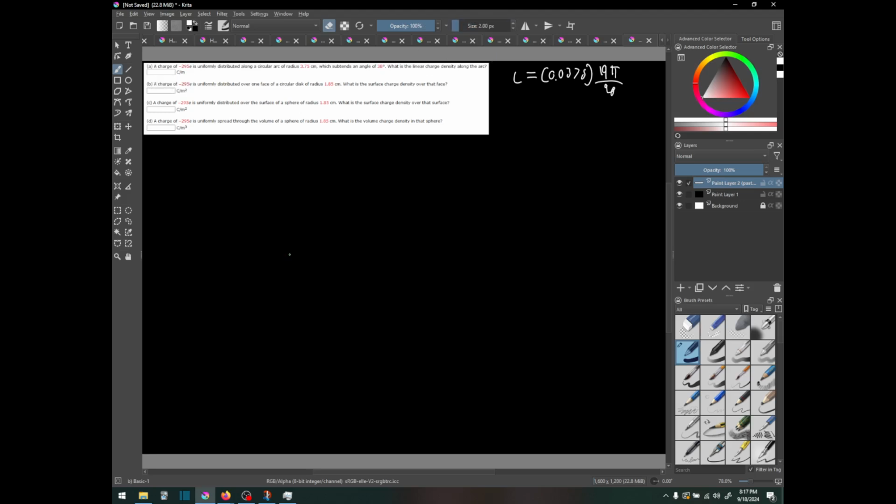So now that we have this, it's asking what the linear charge is over the arc, which is equal to lambda, which is equal to Q over L.